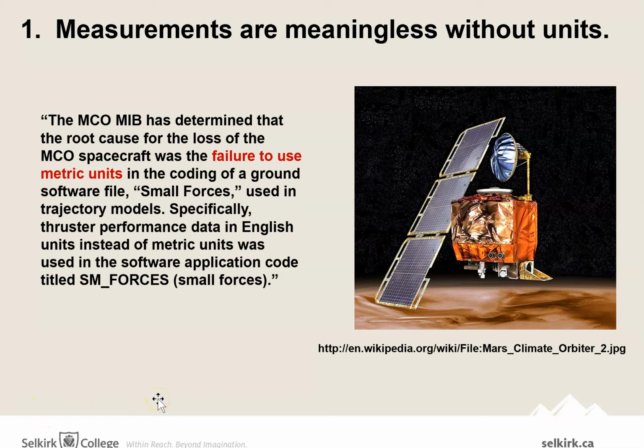So let's see what conventions we're going to use to express measurements. There was a problem with what I just said. I said I was 5'8", and that's kind of meaningless without any units. So the first point we're going to look at is that we're all going to put units on our measurements. As you get to know me, you'll know that I don't want you to memorize things.